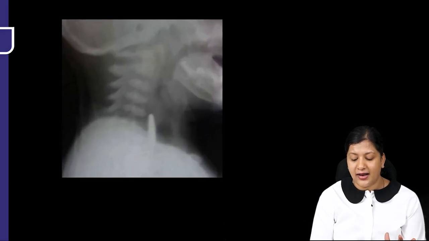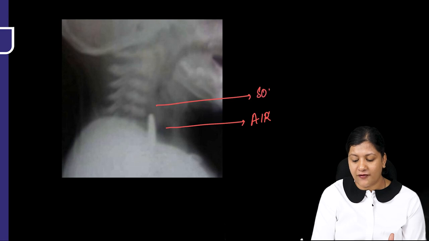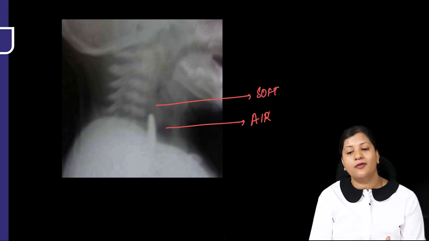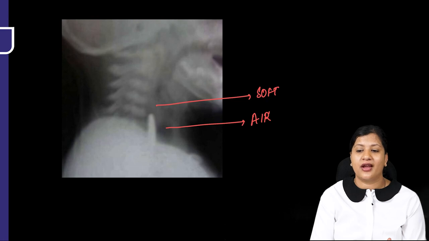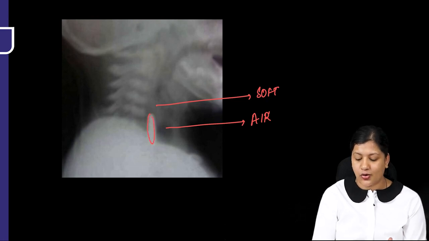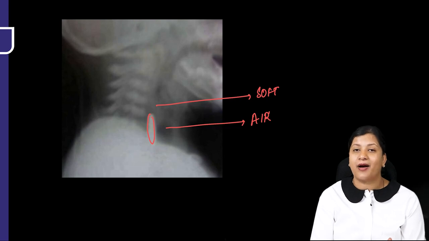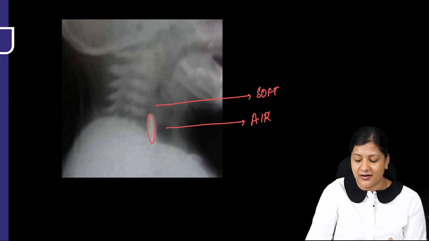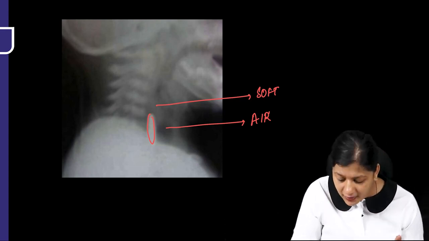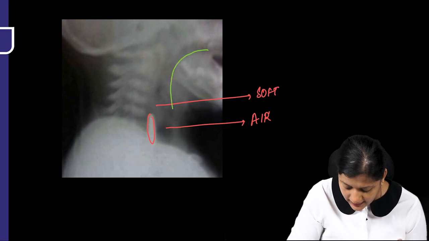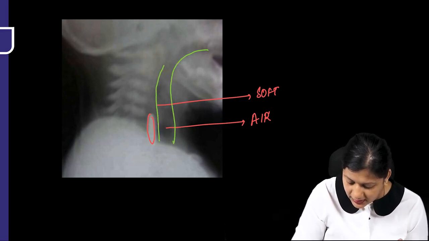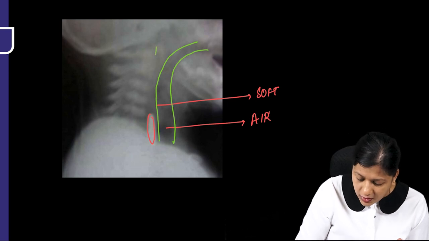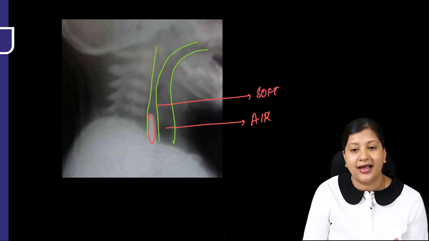So when we take a lateral view X-ray, we can see anteriorly this is your air column. Behind that we have the soft tissue column. In which column do you see the foreign body is located? It is located in your soft tissue column, which means it's a part of your digestive tract. It is not a part of your respiratory tract. So this entire column of air that you see is your respiratory column, and this column that you see is the digestive column.